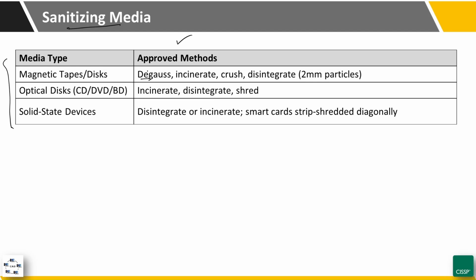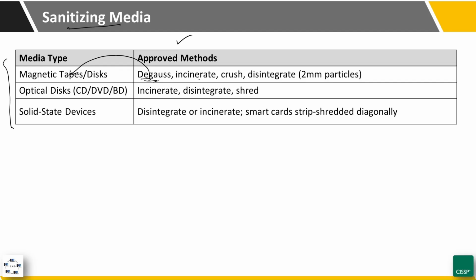Degaussing is exposing the disk to very strong magnetic fields, and this method is only used for magnetic tapes and disks. It does not work against optical disks, SSDs, etc. So you should keep in mind that only the magnetic tapes can be purged or sanitized using degaussing, which is exposing them to very strong magnetic fields.